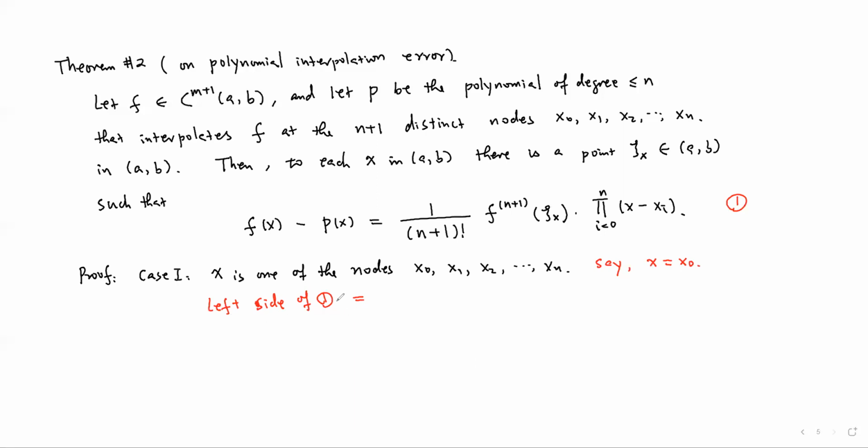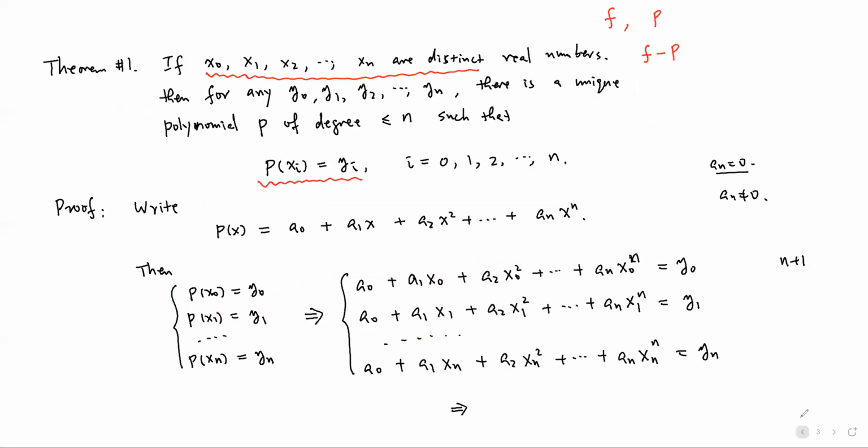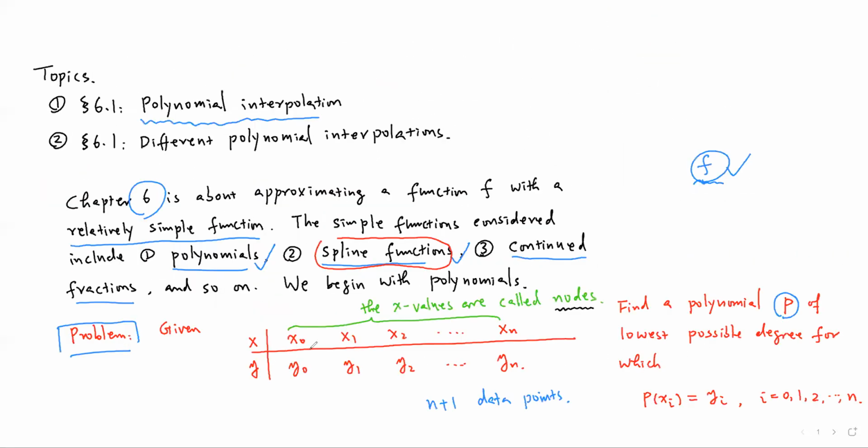Then the left side is f(x0) minus p(x0). f(x0) is y0 from the table.